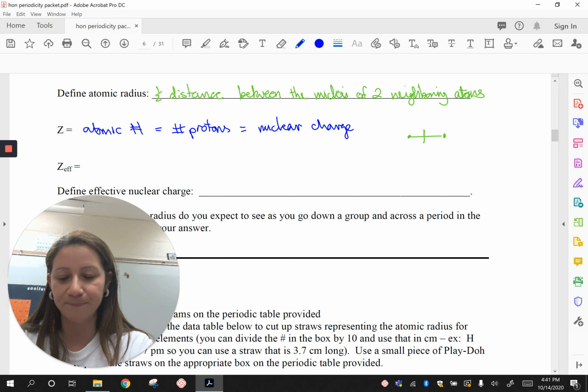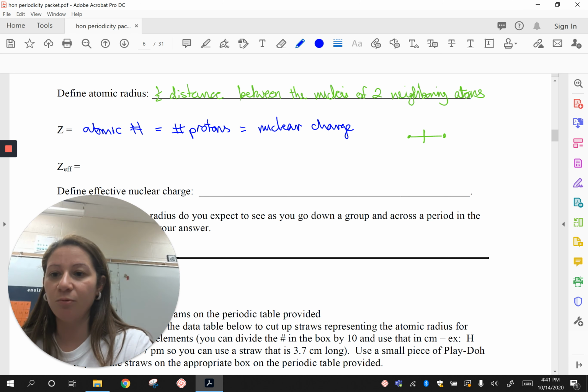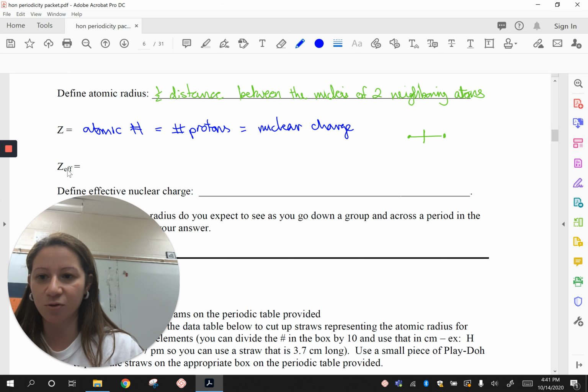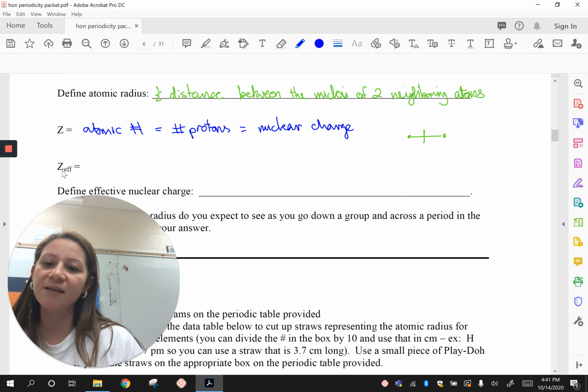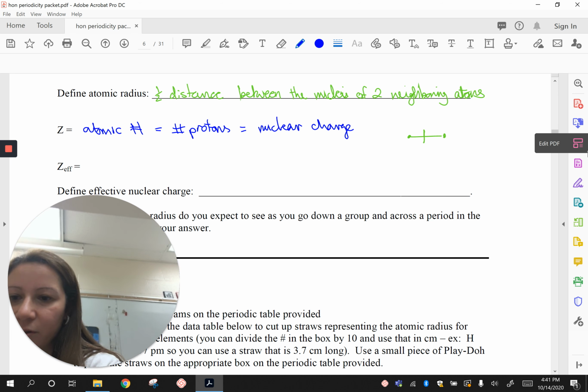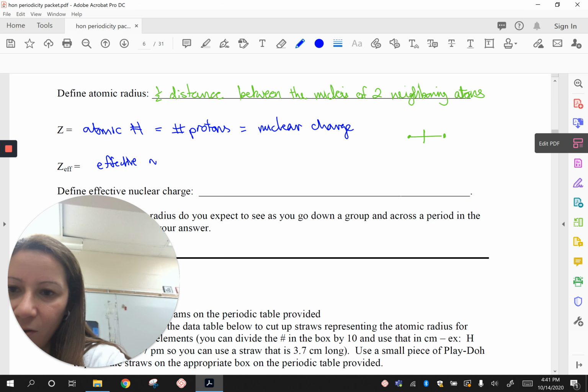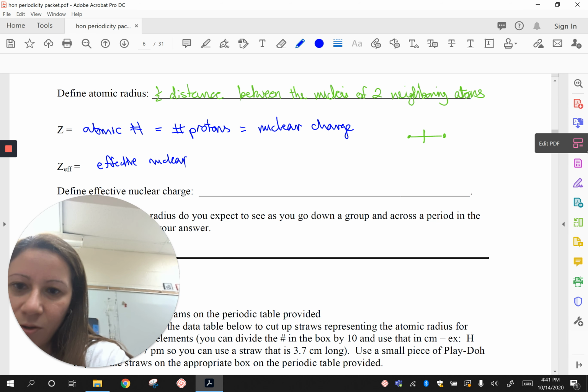When you see Z with a little eff as a subscript, Zeff, that is effective nuclear charge. Let's write that down: effective nuclear charge. And what does that mean?